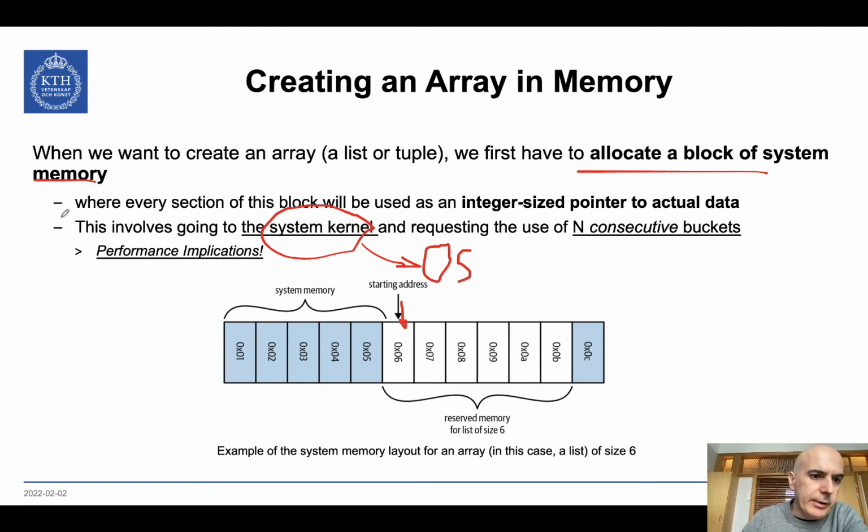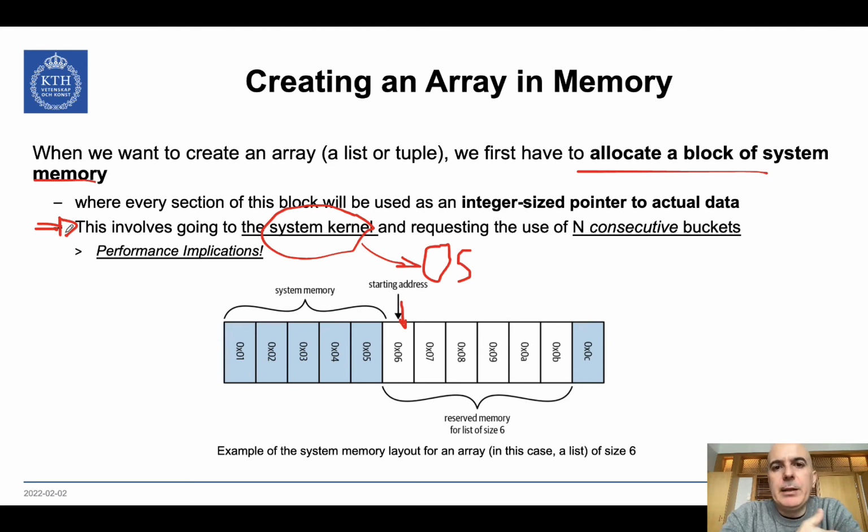This is probably the most important point of this lecture: to think about the implications whenever we allocate. Whenever we allocate in memory, we call the system kernel, we call the OS to reserve a certain amount of memory and consecutive buckets for our array.